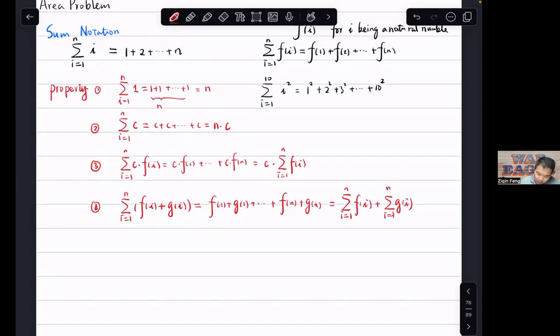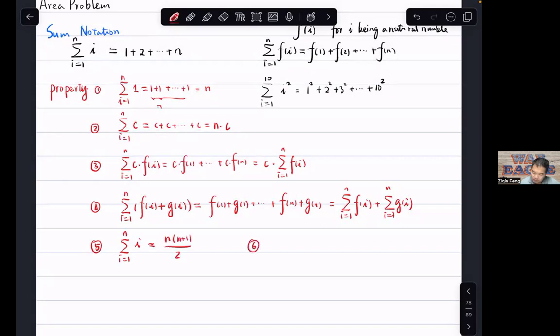And two more facts we may use. The first one, number 5, is summation i from 1 to n of i. We can simplify this using some property, so this is the same as n times (n plus 1) over 2.